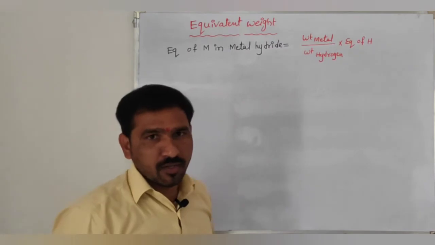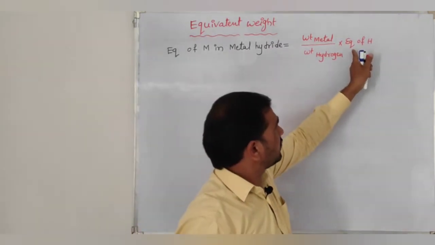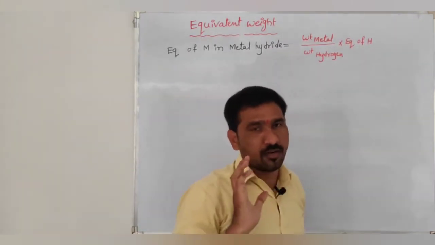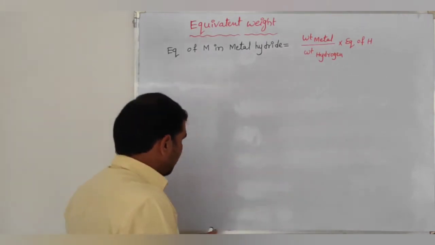That is equal to 1 only, na beta, equivalent weight of hydrogen. Instead of this, equivalent weight of hydrogen also we can take 1. Okay, like that.